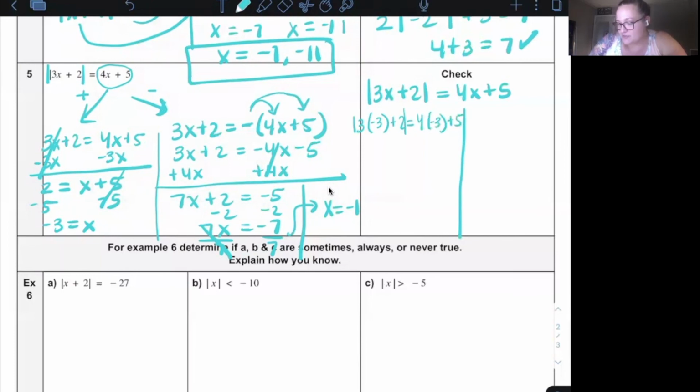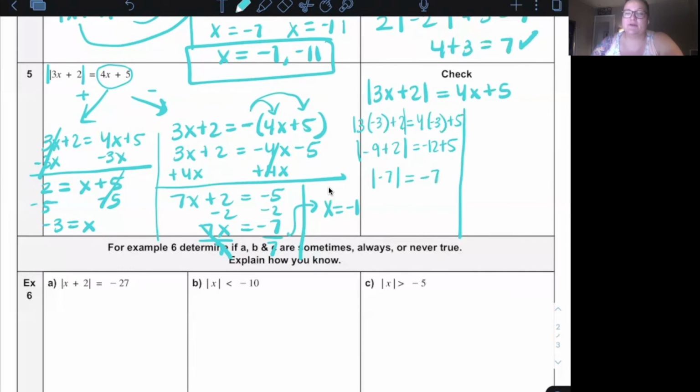So 3 times negative 3 is negative 9. Negative 12 plus 5. Negative 9 plus 2 is negative 7. So the absolute value of negative 7 is equal to negative 12 plus 5, which is negative 7.